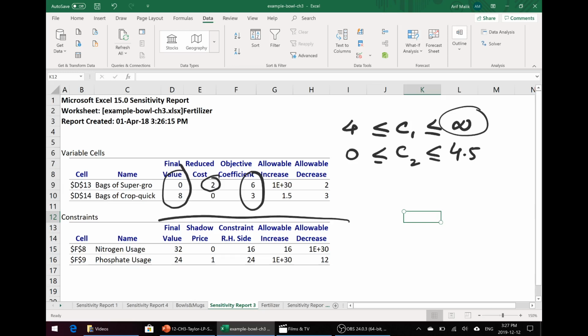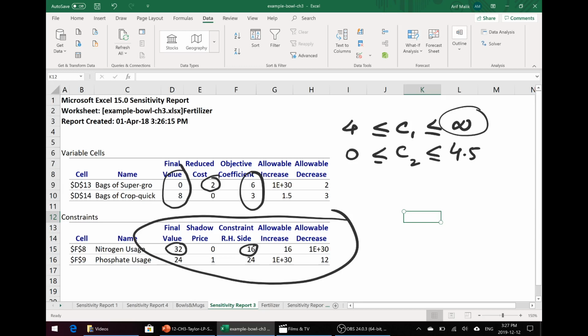Let's look at the second table, which shows the shadow price and the constraints' right hand side and the final value. We can see from there that there is a surplus, where the right hand side was 16 nitrogen usage, and the final value is now 32, which means that we have some surplus there.